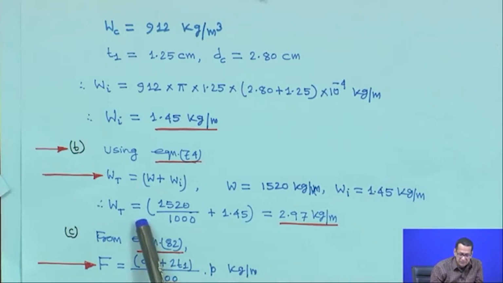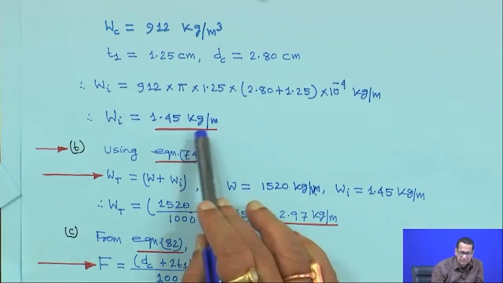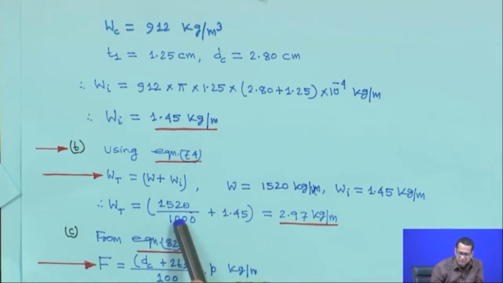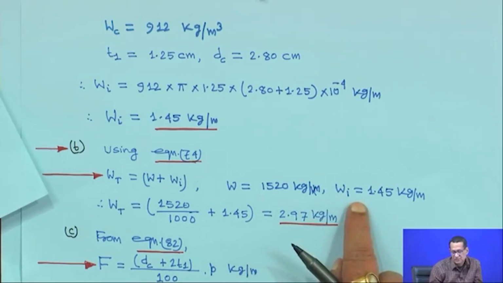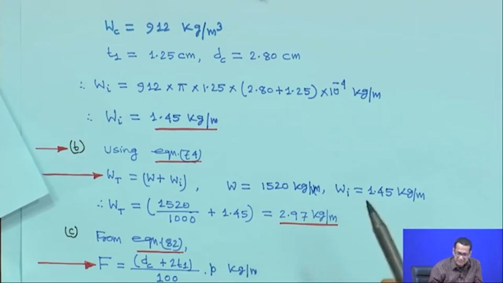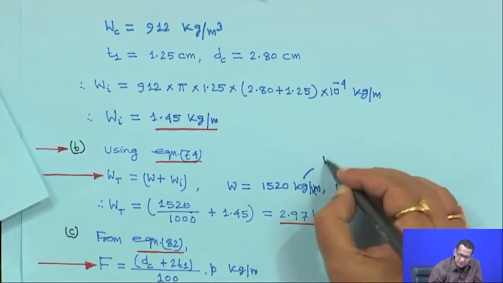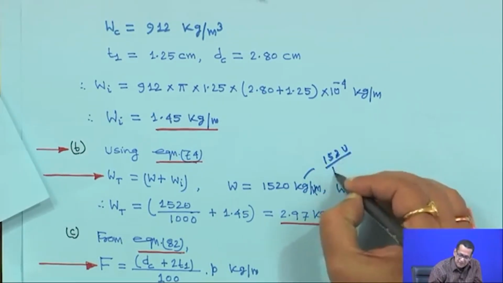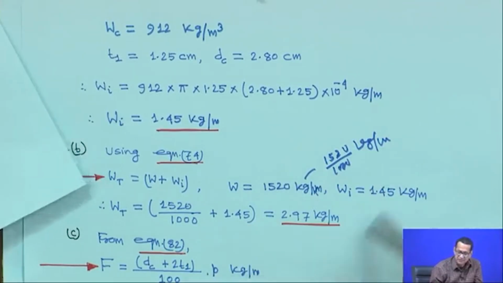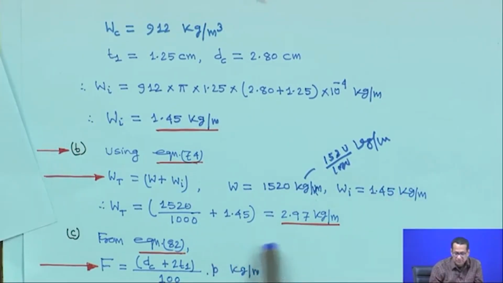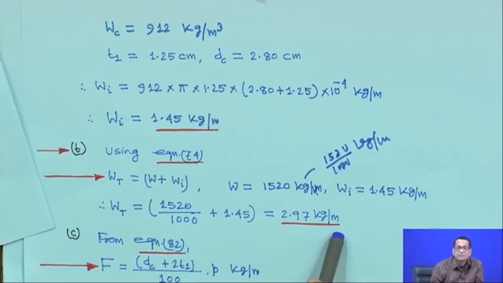Therefore, W_t is equal to 1520 by 1000 plus 1.45, so it is coming 2.97 kg per meter.